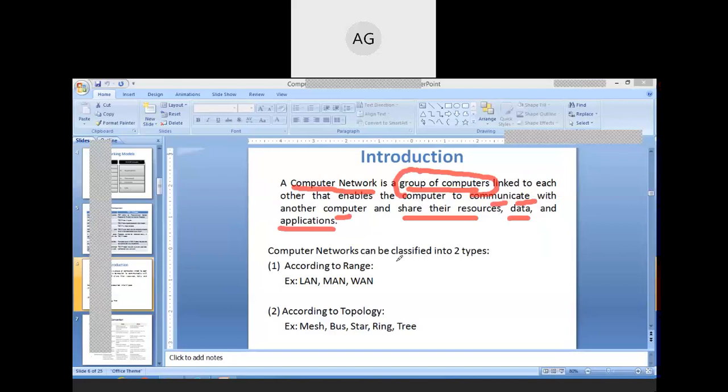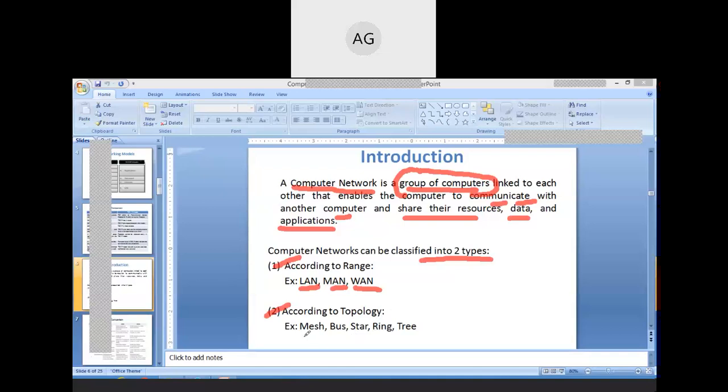So this is the simplest definition of a computer network. A computer network can be classified into two types. First, according to range, as you already heard, LAN, MAN, and WAN, meaning local area network, metropolitan area network, and wide area network. We are going to study this in detail in later slides. The second categorization of networks is according to topology. Topology means how the networks are connected, or how the systems are connected.